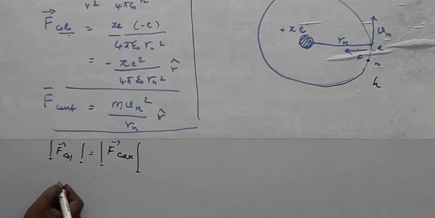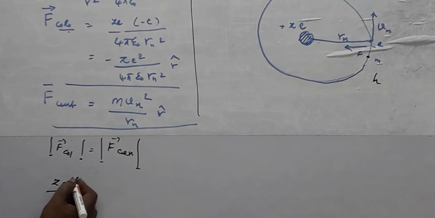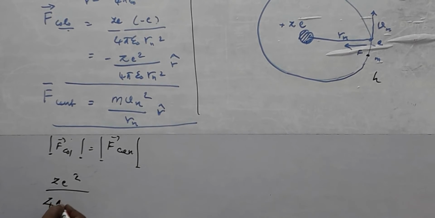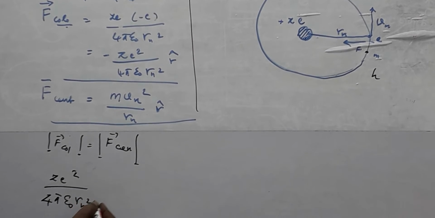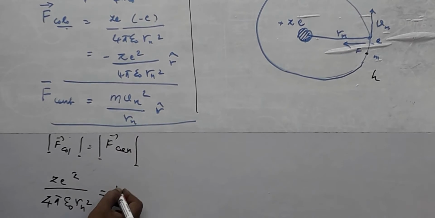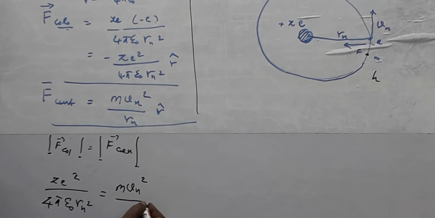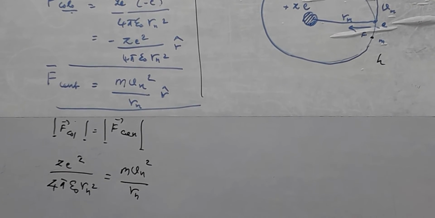Now we have Ze square divided by 4 pi epsilon naught rn square, equal to m vn square by rn. Are you clear?